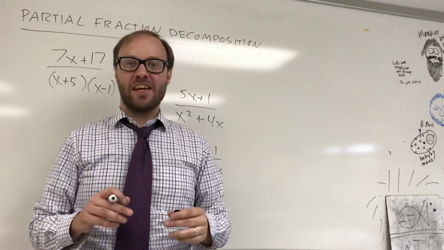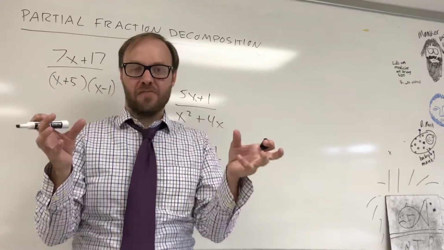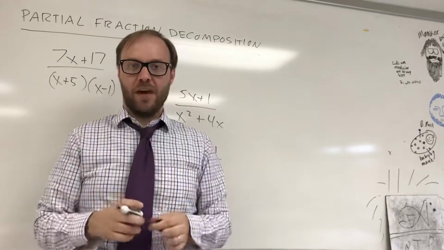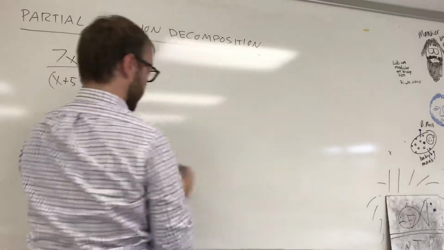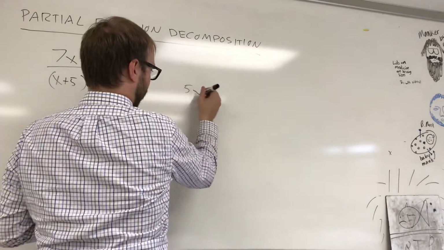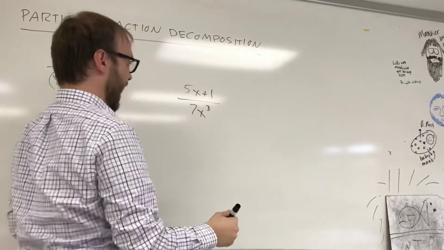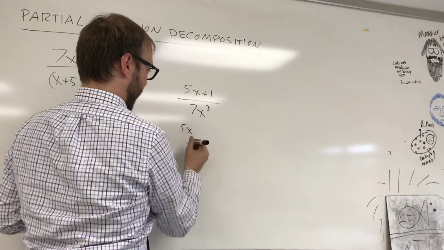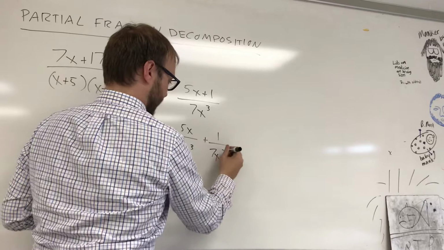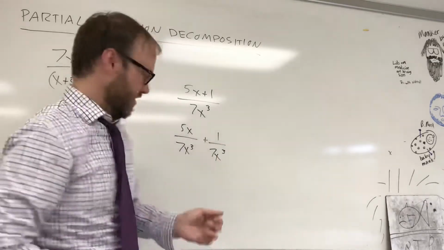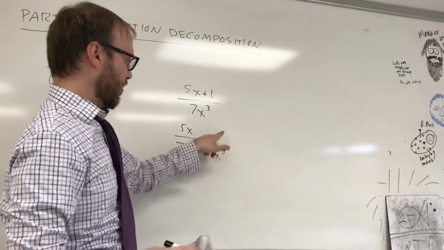So in general, you can't break up a sum or a difference in a denominator into two different fractions. You can break up a sum or difference in a numerator. For example, if I had 5x plus 1 over 7x to the third, I can break this down as 5x over 7x to the third plus 1 over 7x to the third, because when you add fractions with common denominators, your denominator stays 7x cubed and you add your numerators.